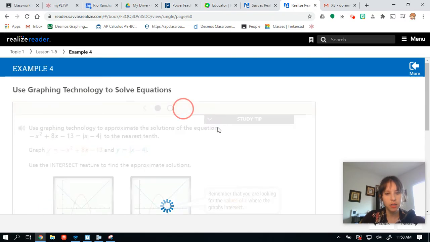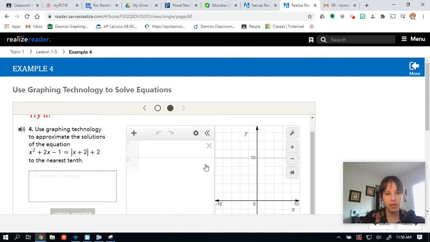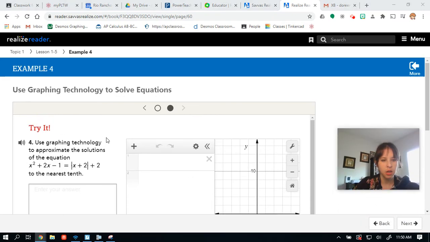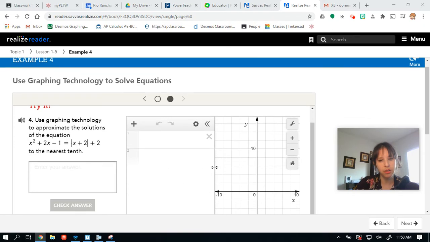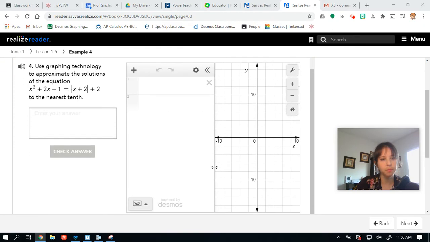All right, so the next step here is the try it. So you're going to use the graphing technology. If you do have a TI-84 calculator already, I strongly encourage that you practice this problem with that. If you don't, they provide you the graph here. And they did it to the nearest tenth to keep with their way of you typing things in.